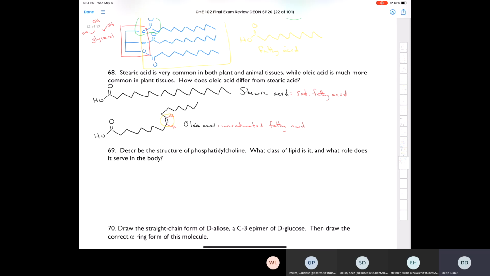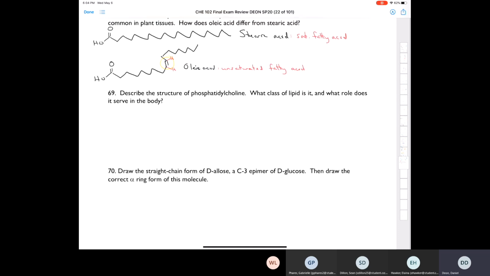Okay, let's move on and describe the structure of phosphatidylcholine. And you don't have to be able to regurgitate the structure of phosphatidylcholine. I can do that for us, so I'll help you out. So it's got a glycerol backbone. We do have two fatty acids, so we'll just put a generic fatty acid on this one, and then another one over here.